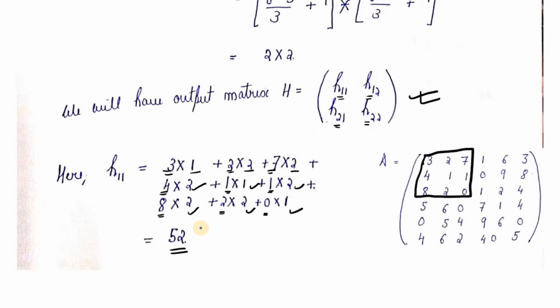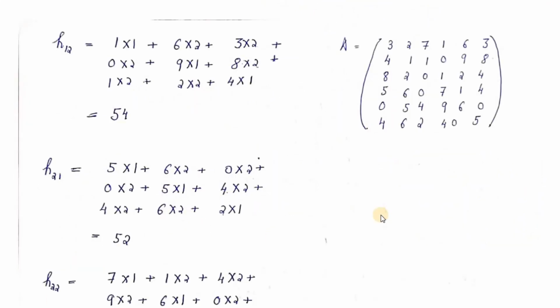Now we will see how to calculate the value for H12. Since we have a stride of 3 and we have to calculate H12, we start from the first value we calculated, which is 3. Mark it as 1. Then move a step to the right and mark this value as 2.